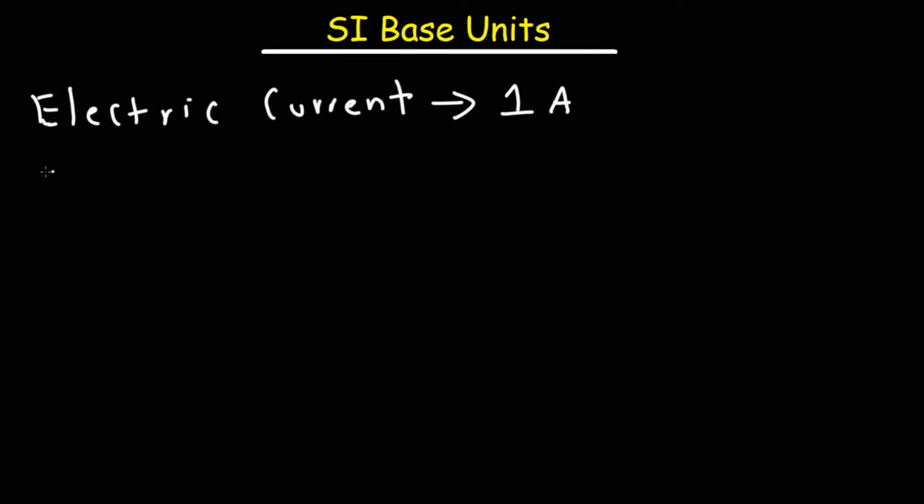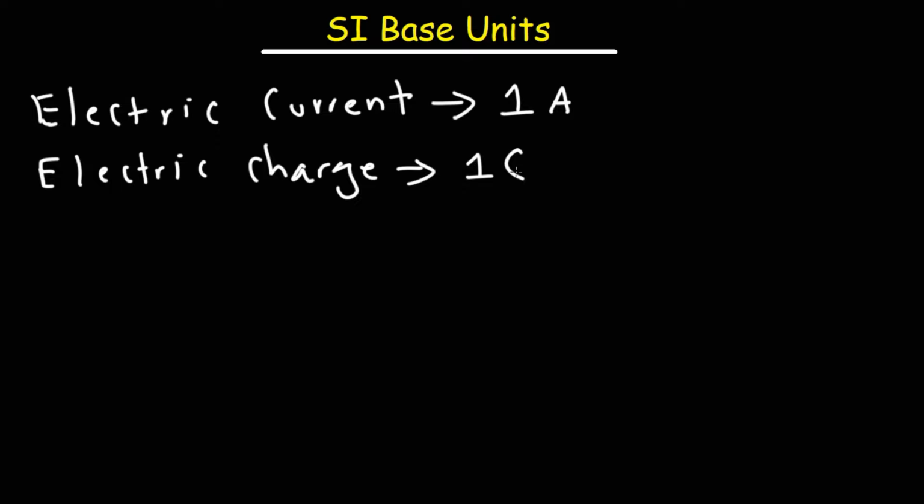Now let's talk about electricity. So we said that the SI unit for electric current is the amp. The unit for electric charge is the coulomb.